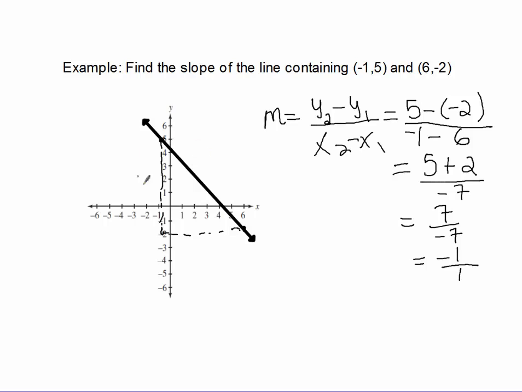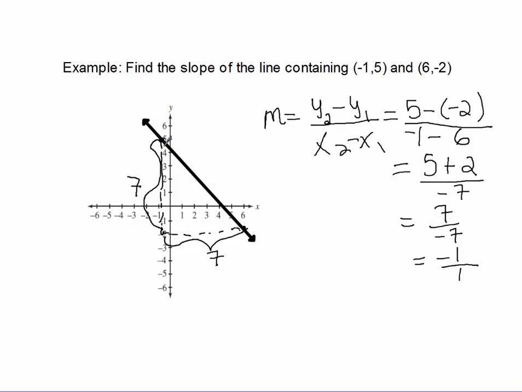Now, if you do it with the graph, notice that you find this distance from this y to this y, and if you count, that'll be 7 units. And then from here to here, that would be another 7 units.